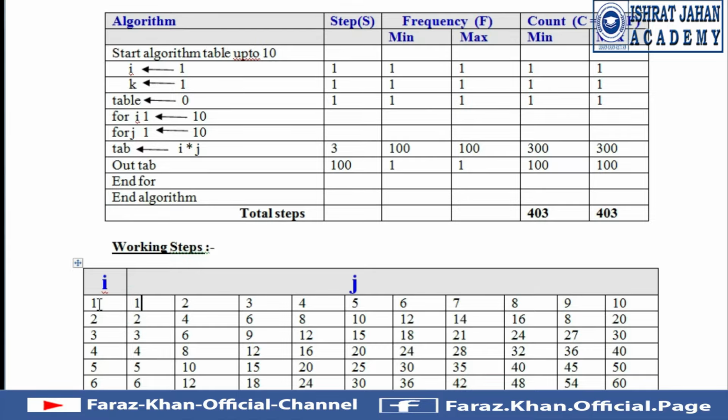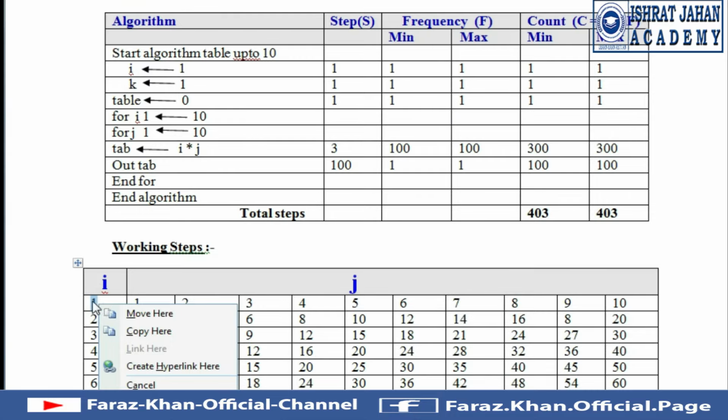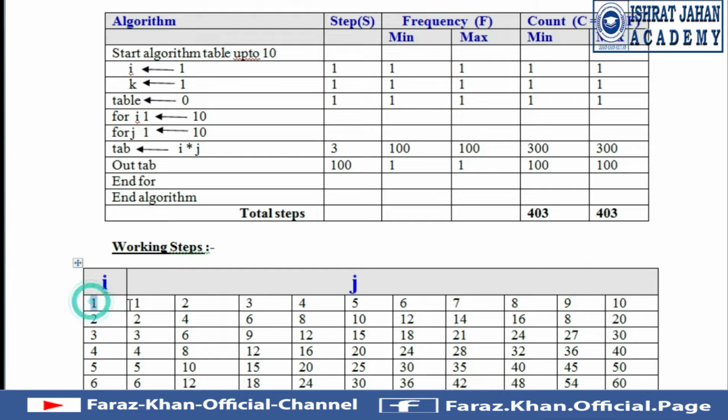The value of I is 1, the value of j is 2, 1 multiplied by 2, 2. The value of I is 1, the value of j is 3, 1 multiplied by 3, 3. Right? So the value of I, which is 1, will go through all the values of j. When 1 goes through all the values of j, row 1 will be printed.